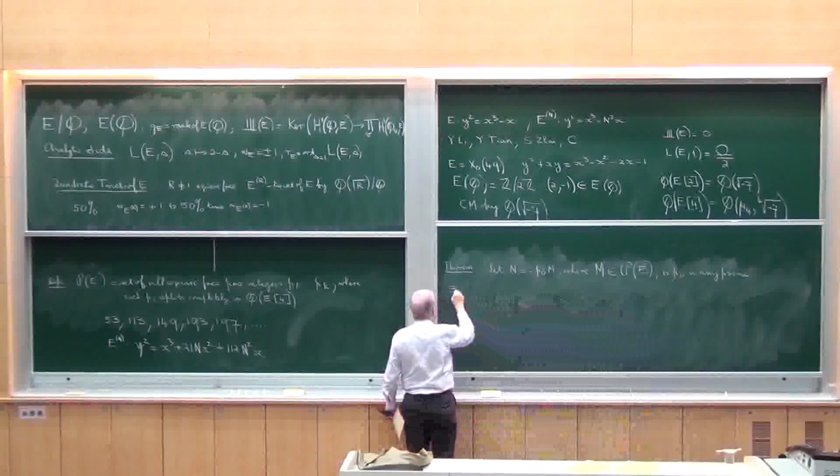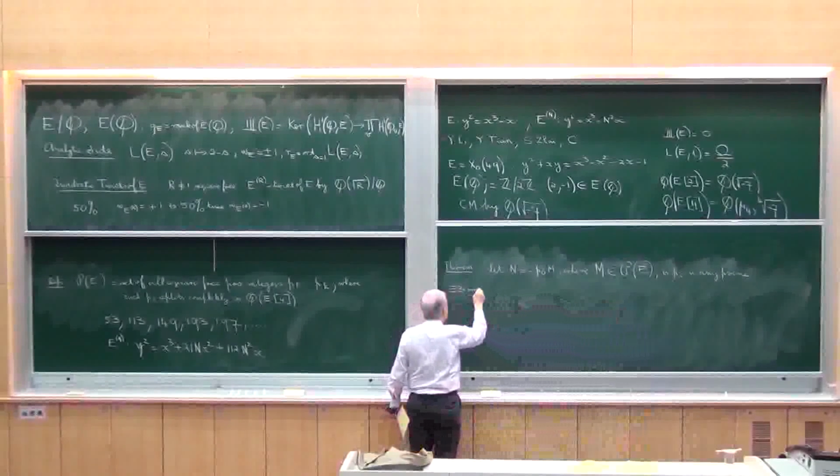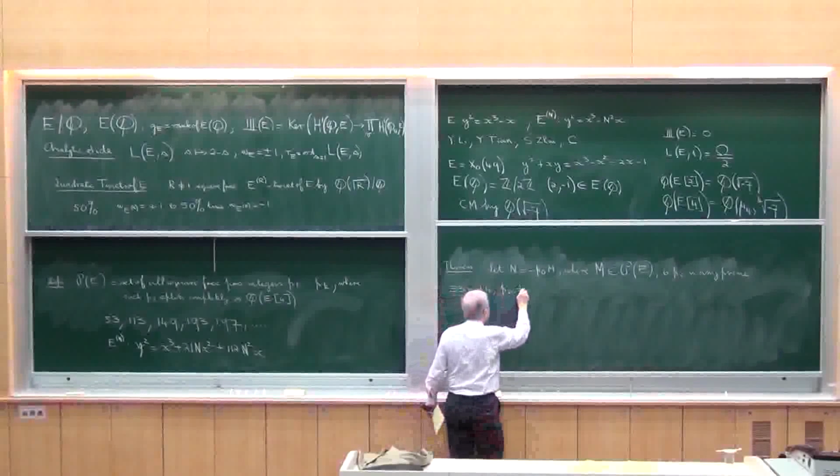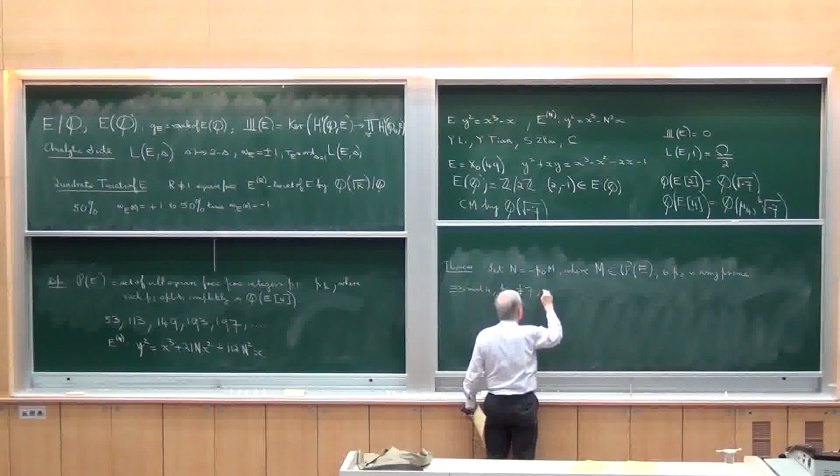It should be congruent to 3 mod 4. It should not be 7. And it should not be, it is a non-square and a non-square.